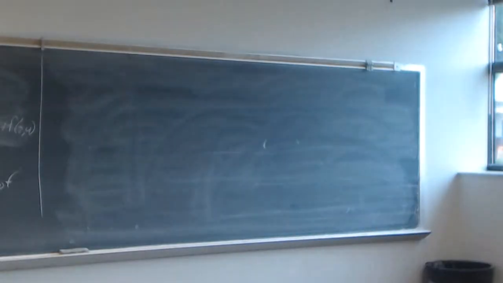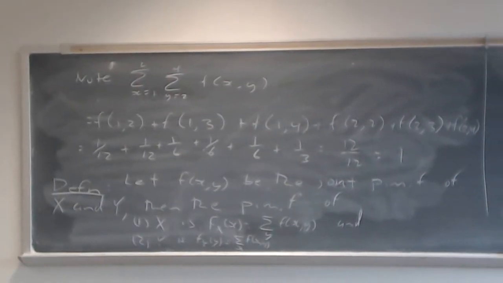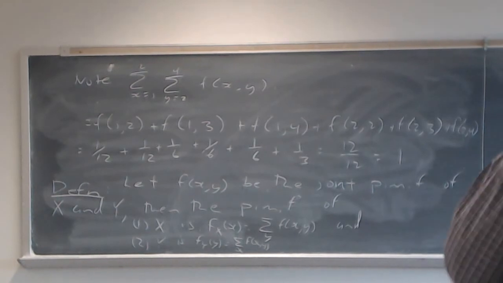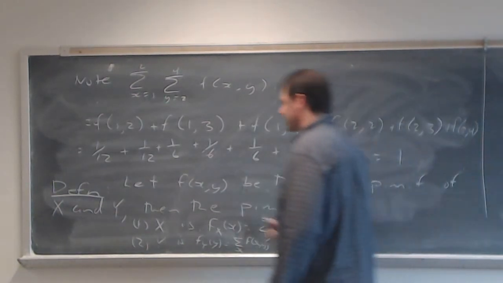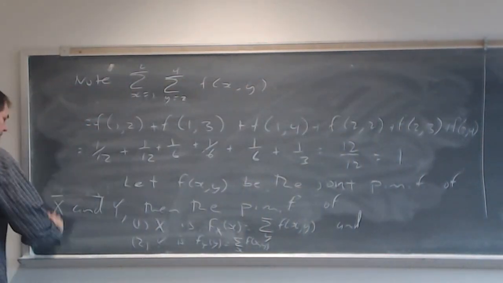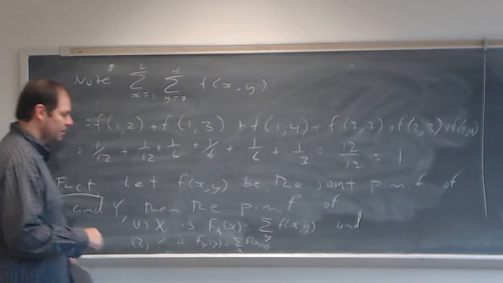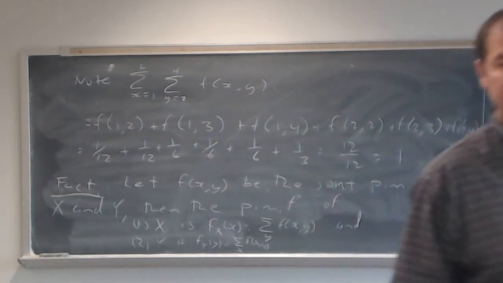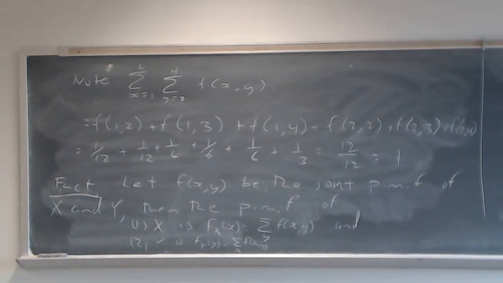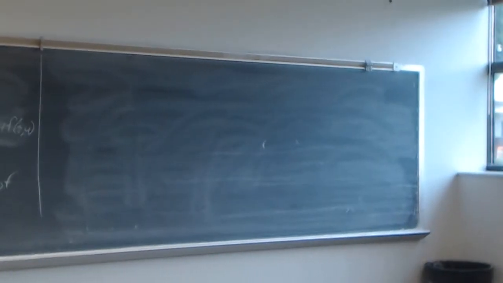I shouldn't have called this a definition. This is not a definition. I made a mistake. This is really a fact, and it's something we can prove. So let's make this change. If you give me the joint, I can get out the individual PMFs for the random variables. Let me show you the proof.